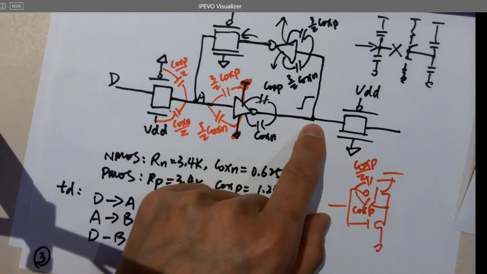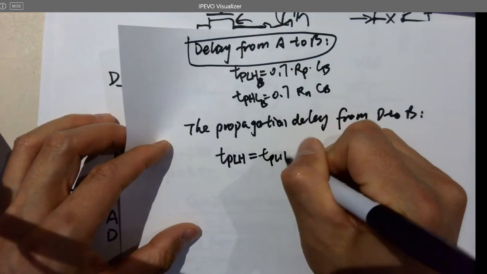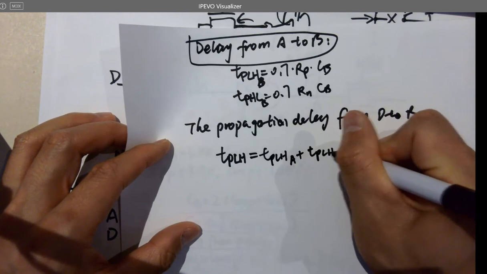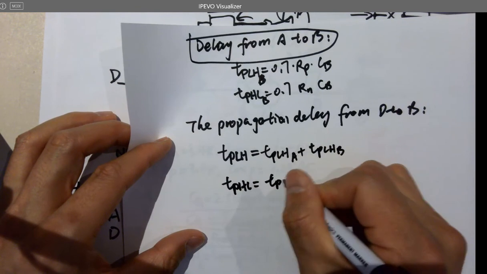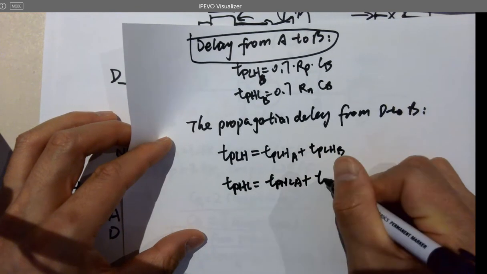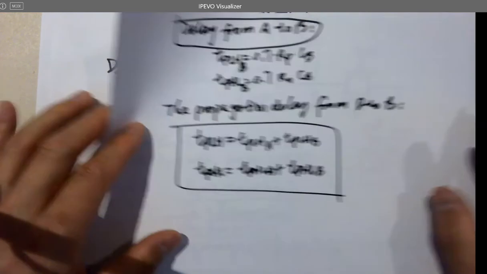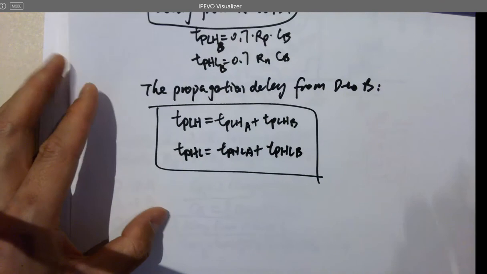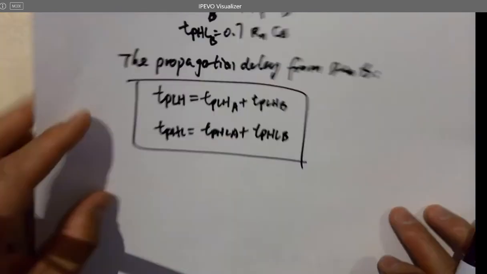When you're looking at this one, you just add TPLH A to TPLH B. Like that. Agree with that? All right.